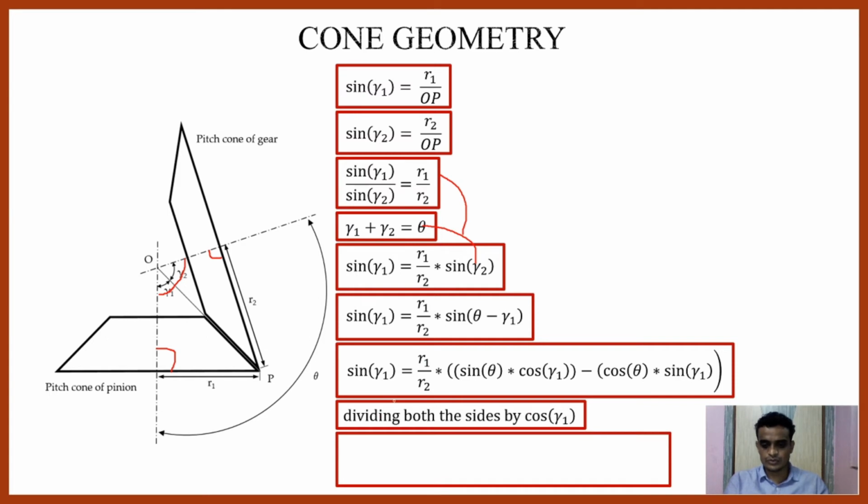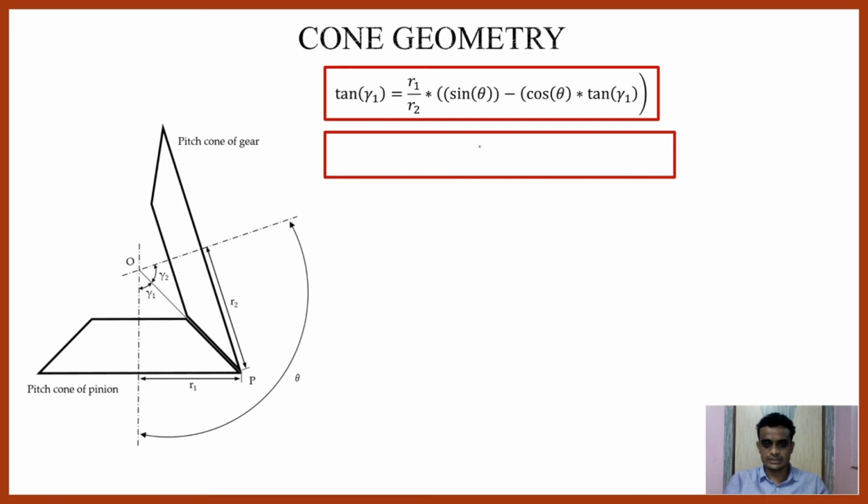By dividing both sides by cos gamma 1, we will find tan gamma 1 is equal to r1 upon r2 into sine theta minus cos theta tan gamma 1.